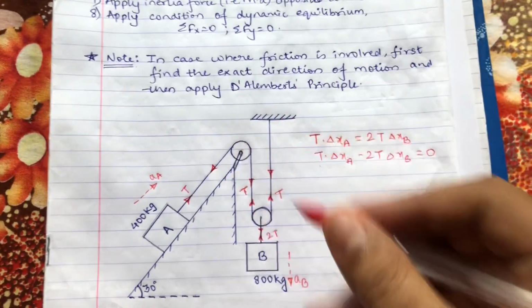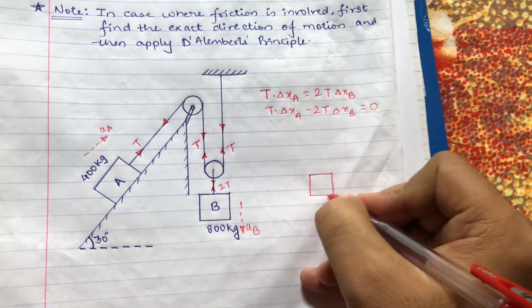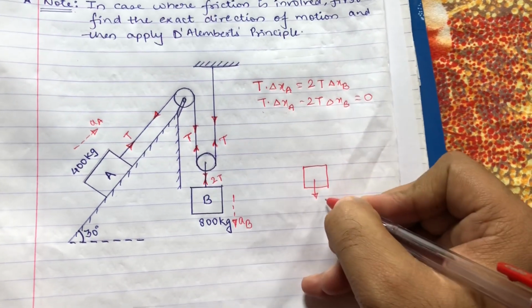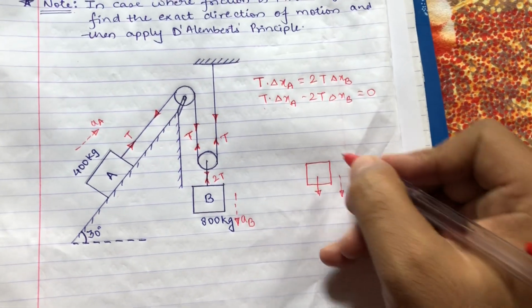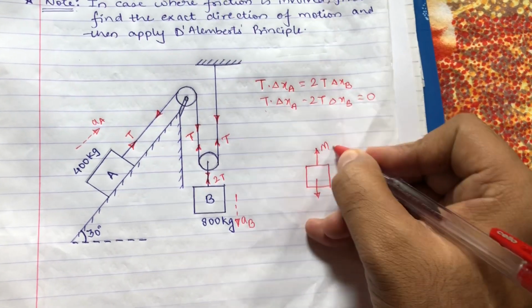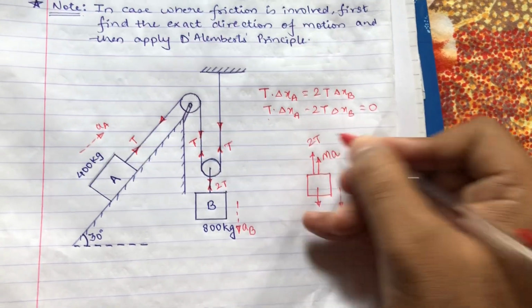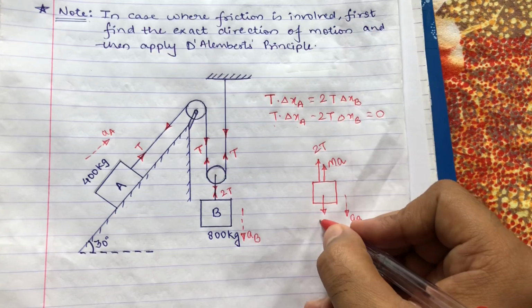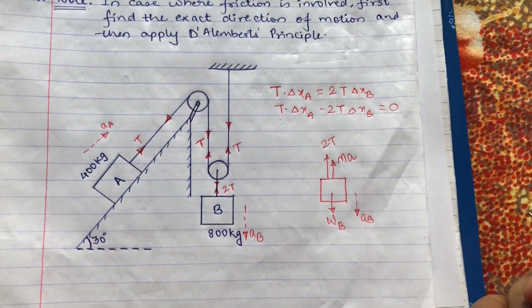In this, I'll show it for one body. The body is moving down, it has a weight in the downward direction, it has an acceleration like this. So the MA will be acting here. At the same time, 2T will also be acting here, and this is the weight of block B. I hope you understood this.